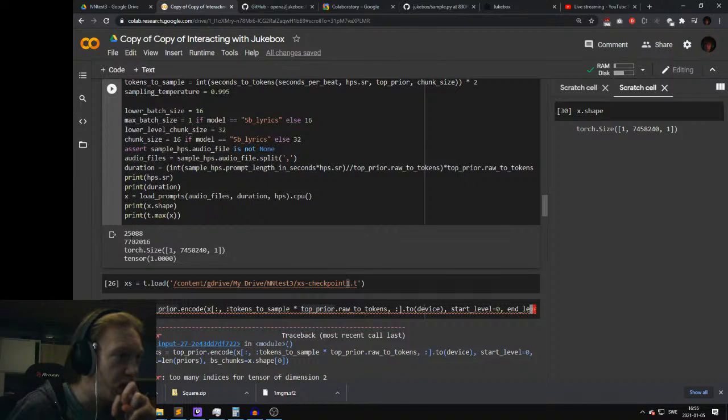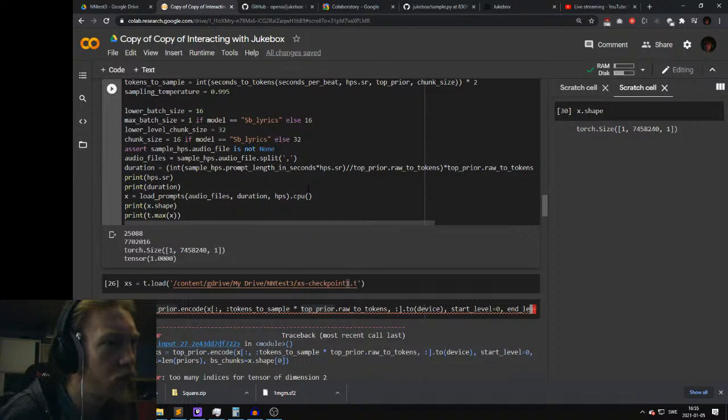I immediately run x.shape. I get, it got cut down because raw to tokens, I guess, or something.